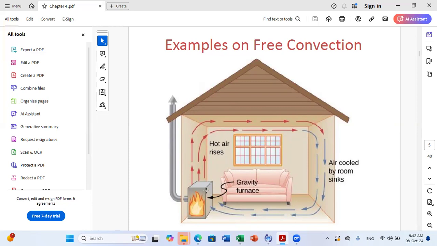So lighter molecules will tend to move up and will be replaced by cold air molecules that will move down. And then once these cold molecules move down, they will be heated again, and this process will be repeated. So you will create a circulation of air within your room, and you will help with heating your whole room.